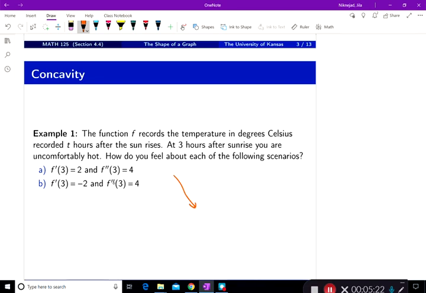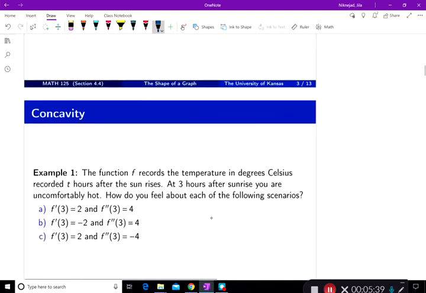And then f double prime is positive. So basically, if the function is sitting above it, and so it's decreasing, but it's going to kind of eventually not go sharply.